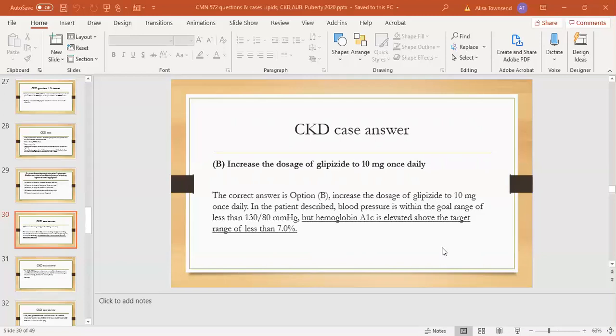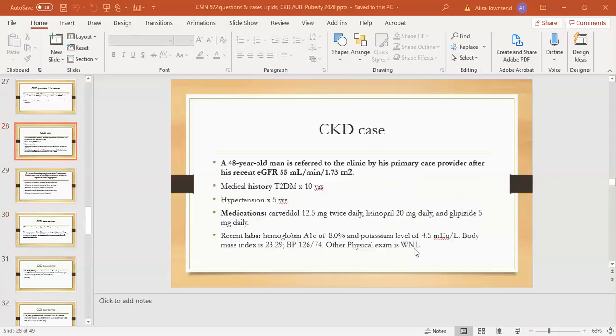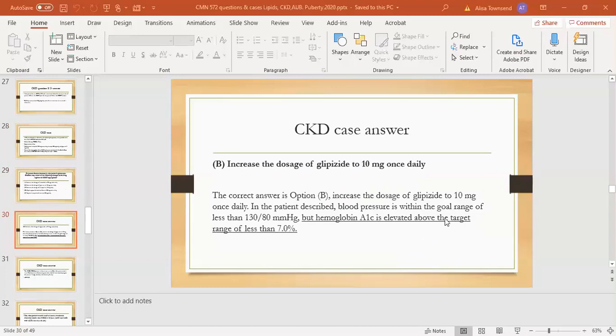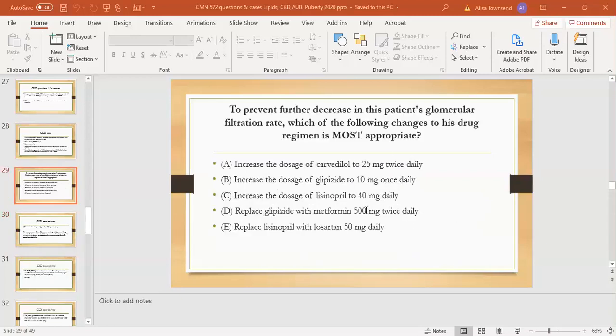All right. Increase the dose of glipizide, 10 milligrams. Because this person had, where was it? Yeah, he was fine. I think I might have changed some of this. The B could have been fine, or you could have increased the, you could have done either one. You could do that. Let me look.